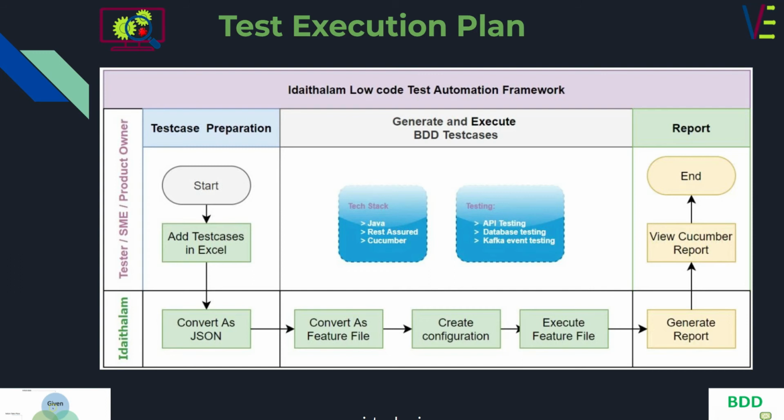Then JSON is converted into a feature file, and it creates some configuration files which support this framework, and then it executes those feature files, and then this framework generates a report. At the end, as a tester you can view the Cucumber reports which are generated by this framework.